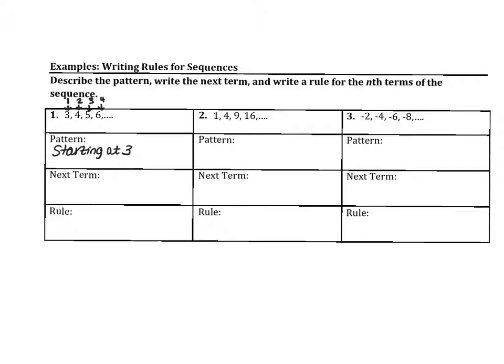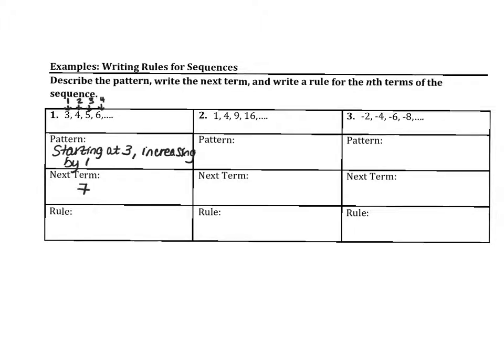I might say that I notice, if you notice 3 to 4, 4 to 5, 5 to 6, it's increasing by 1. So then you can probably figure out just from what you're seeing what the next term of the sequence would be. The next term would be a 7, right? 1 up from 6 is 7.